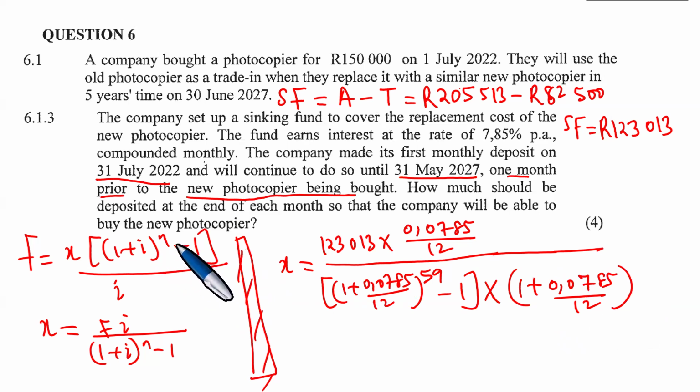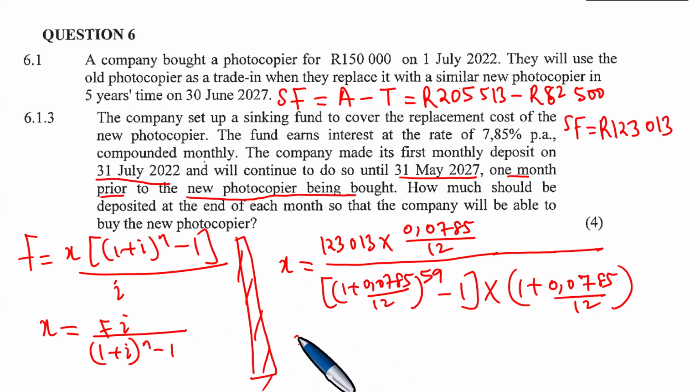Altogether, it's going to be like our P, because now they're going to continue to do so until 1 month prior to the new photocopier being bought. So now you're going to multiply this, so this is going to become like our P, so that you take it 1 month forward to the end.